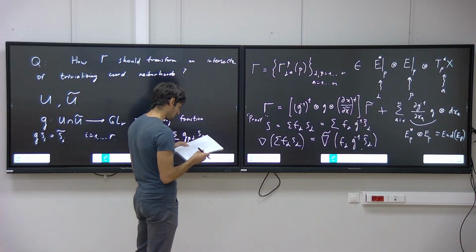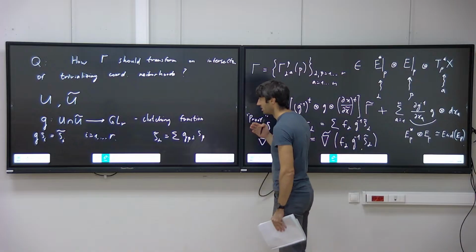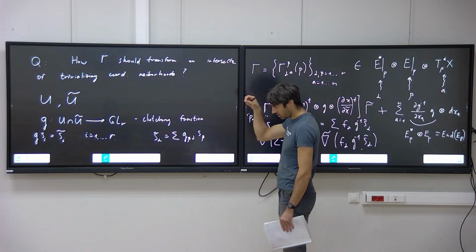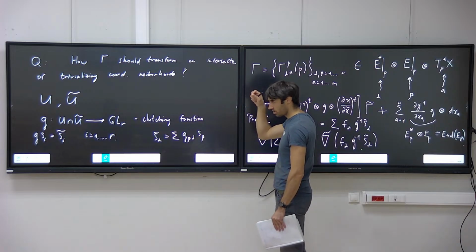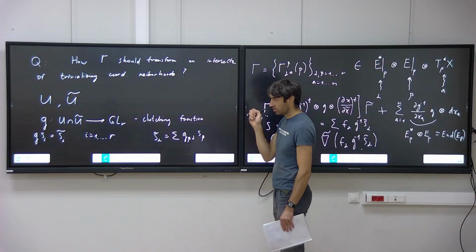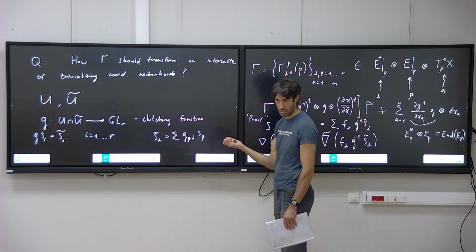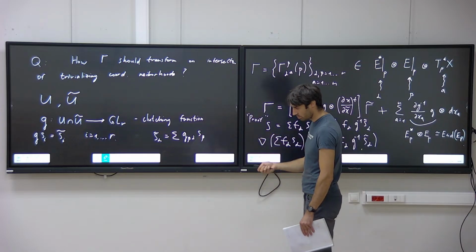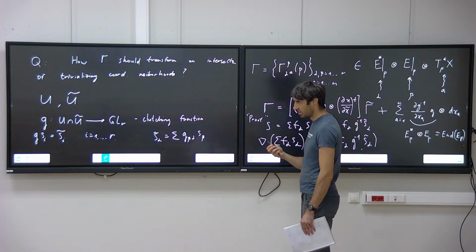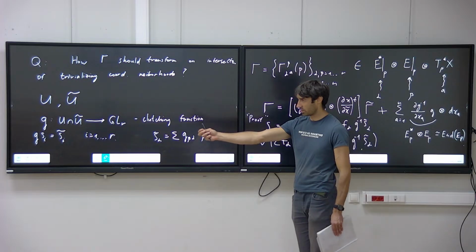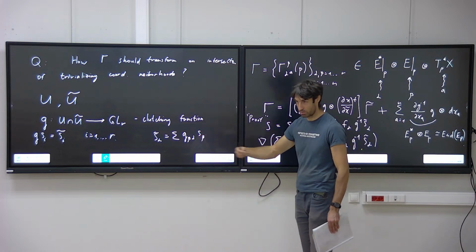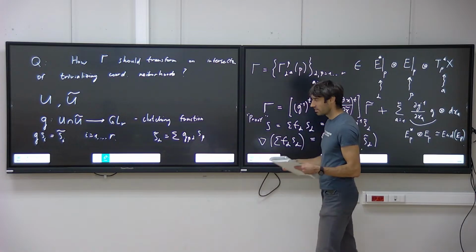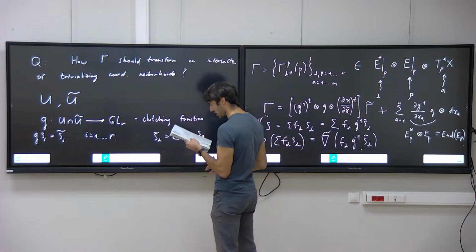But I can pick some vector in the fiber and see how it changes if I slightly change the point in the base. We want to go from this local picture to the global picture. So we want to see how it changes if I go far away along some curve on the base. That's called parallel transport, and that's our next discussion.